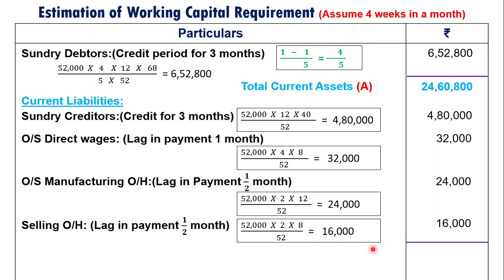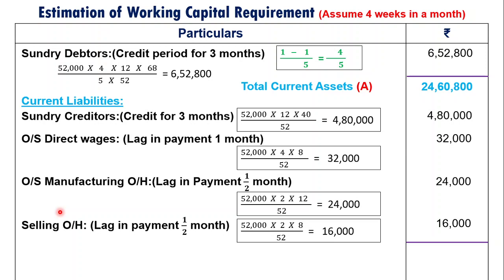Now we have 4 different components of current liabilities: sundry creditors 4,80,000, outstanding direct wages 32,000, outstanding manufacturing overhead 24,000 and outstanding selling overhead 16,000. Please mention it here as outstanding.